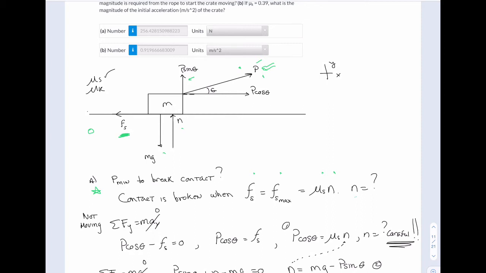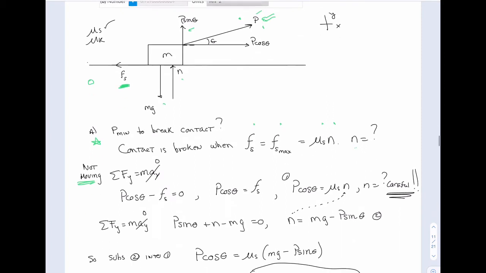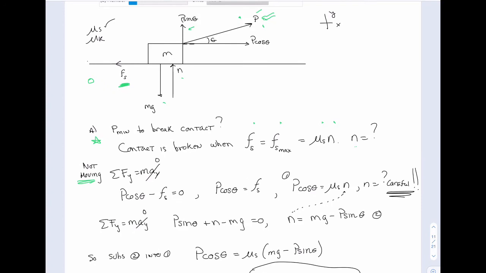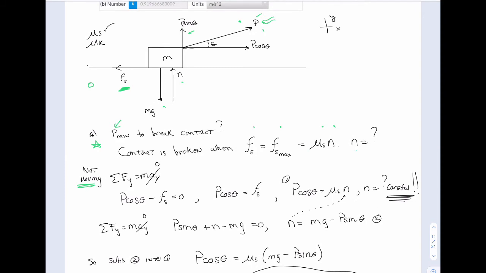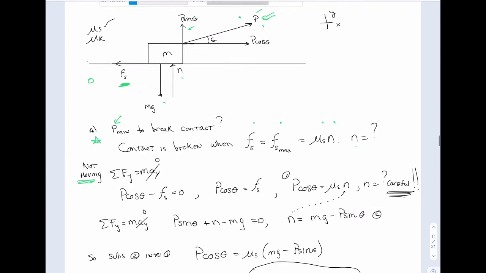Again, it's not moving. So I have my picture. To find n, that's in the y direction. So I'm going to do F equals ma in the y direction. Let's see, I'm trying to find, no, I'm sorry, I need to find P, the force P. So that's why I'm doing F equals ma in the x direction.